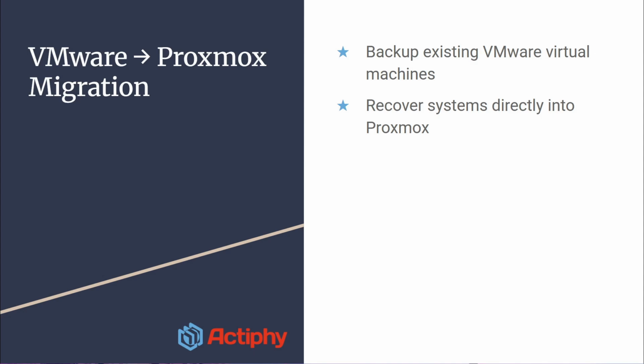This approach changes the nature of migration. You're not reconstructing systems manually, you're not reconfiguring applications from scratch, and you're not juggling separate migration utilities alongside backup tools. You are executing a recovery operation into a new platform. For MSPs, this dramatically reduces migration complexity.